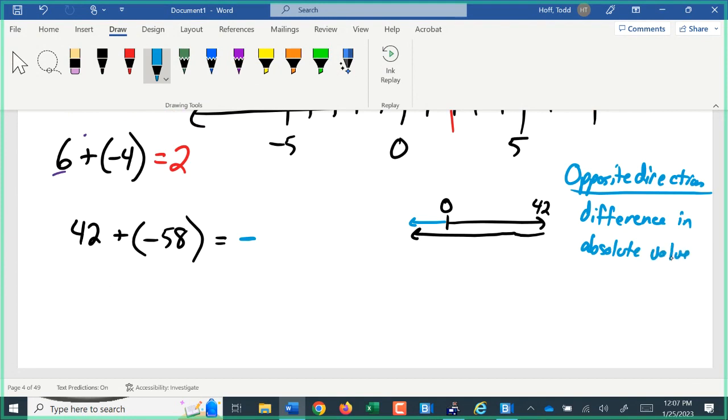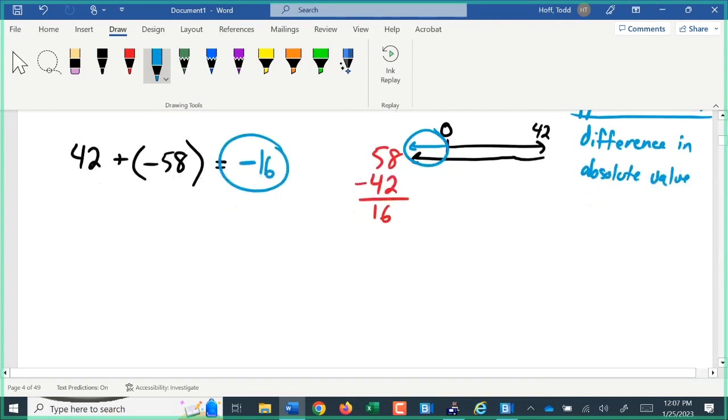So what that means is I take the bigger one, the 58, and minus the shorter one of 42, that gives me 16. So this is a negative 16 is that solution. That's how far we went past 0 into the negative side.